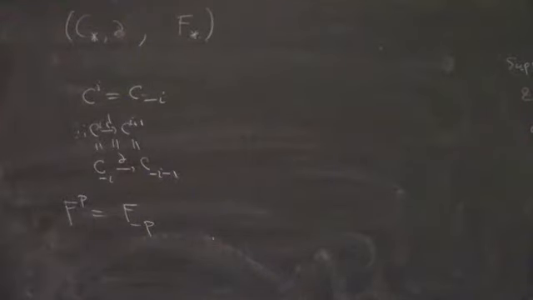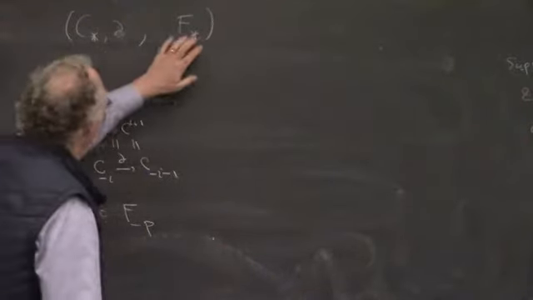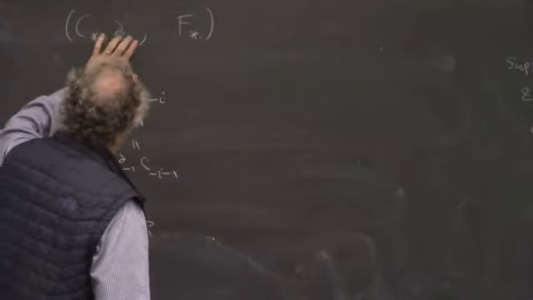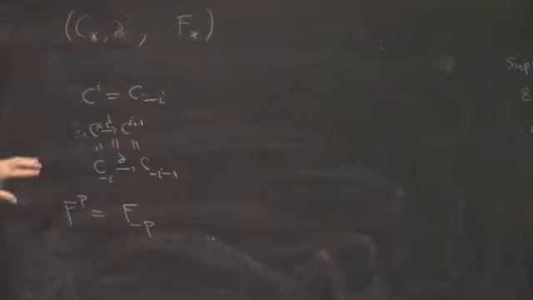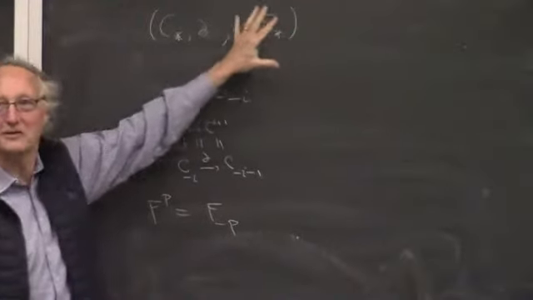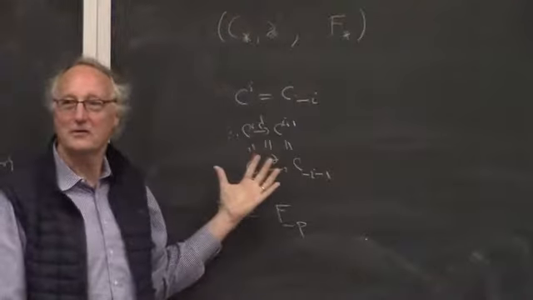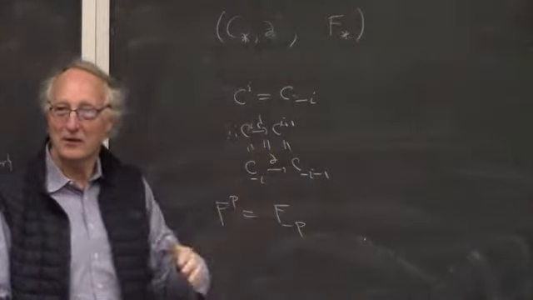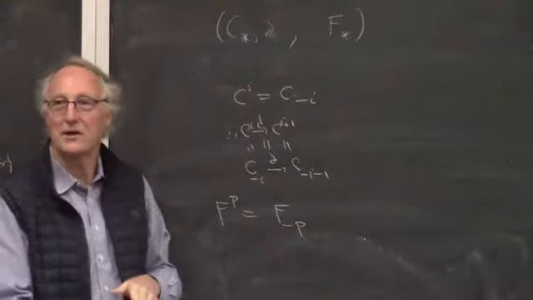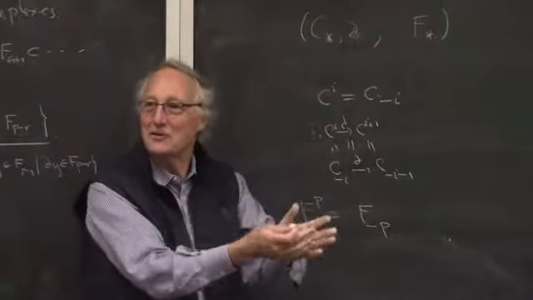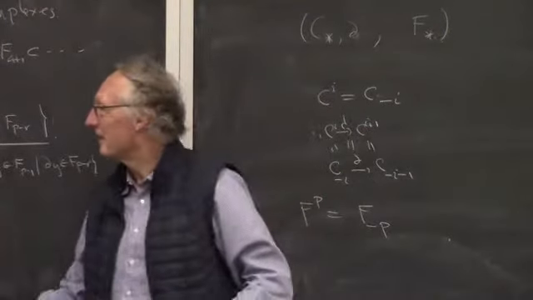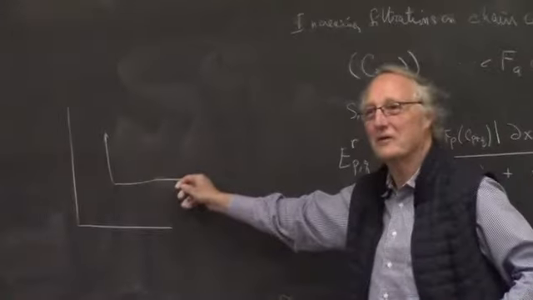So if you started with a chain complex with a filtration preserved by a boundary, you get a cochain complex with a decreasing filtration preserved by d, so you get a spectral sequence. If this thing was concentrated in positive degrees, as we usually think, this of course will be concentrated in negative degrees. It'll be a third quadrant spectral sequence. Everything will be negative, but if you just flip the signs, you get back a first quadrant sequence, and you will produce the homology sequence that I've written down over here.